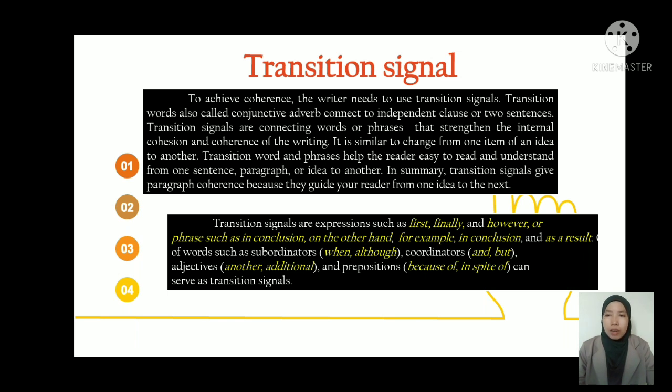Other kinds of words, such as subordinators like when and although, coordinators like and and but, adjectives like another and additional, and prepositions like because of and in spite of, can serve as transition signals. Okay, you can see the next slide. I will explain about the transition signals.